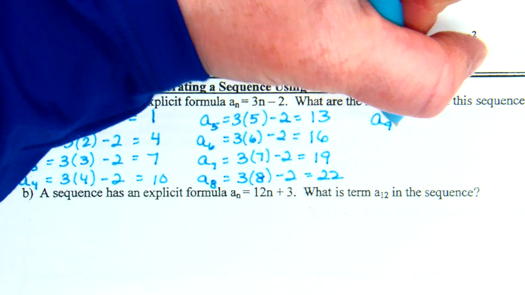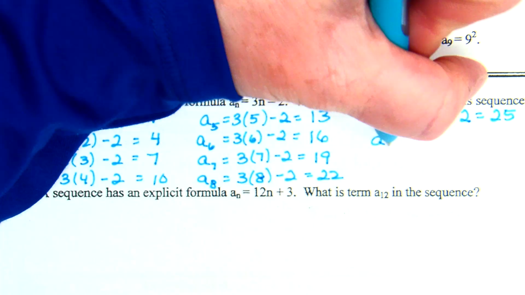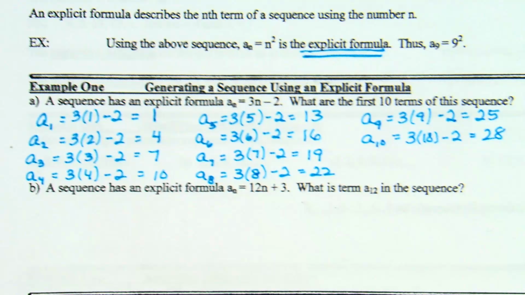The ninth term. 3 times 9 minus 2, 25. And the 10th term. 3 times 10 minus 2, 28. So you can list all 10 terms, yes? 1, 4, 7, 10, 13, 16, 19, 22, 25, 28.